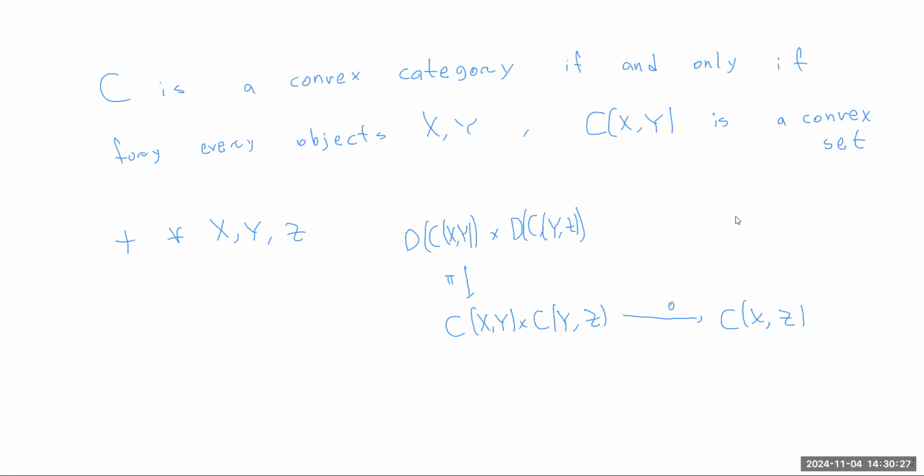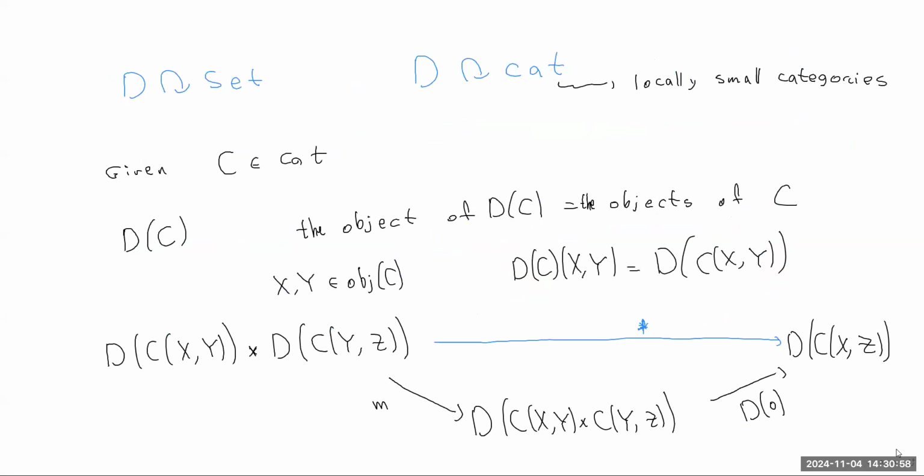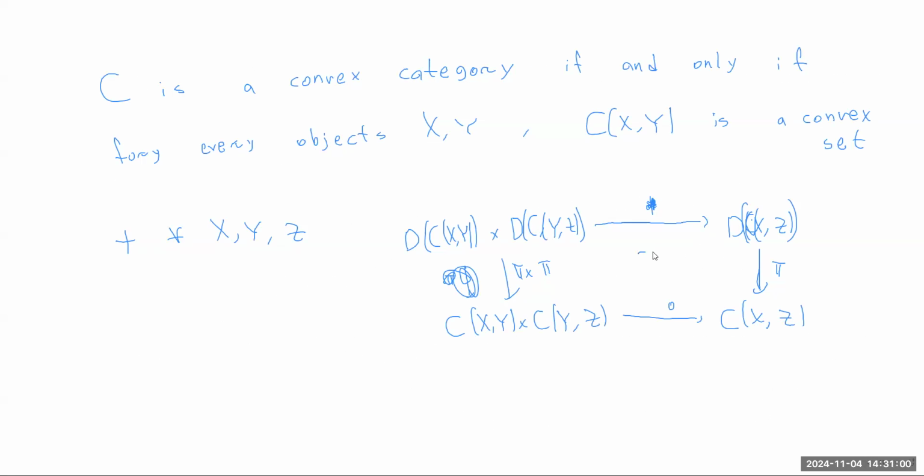The same here, D of C(y,z). We have pi here, and here pi and pi, like pi cross pi. And here we can compose by what we said before, what we call this star. This is the composition we defined before. So this will commute, okay? This commutes for every x, y.